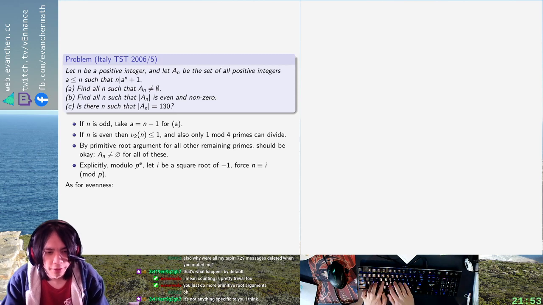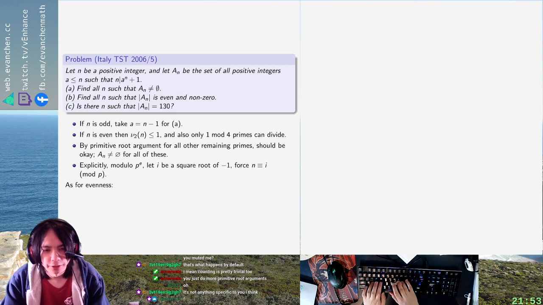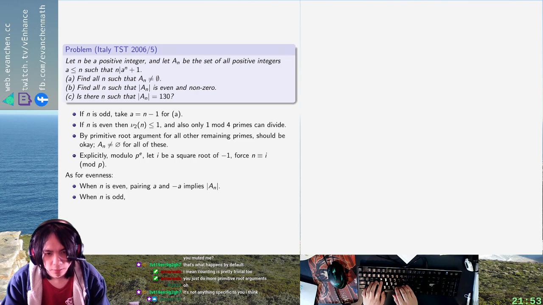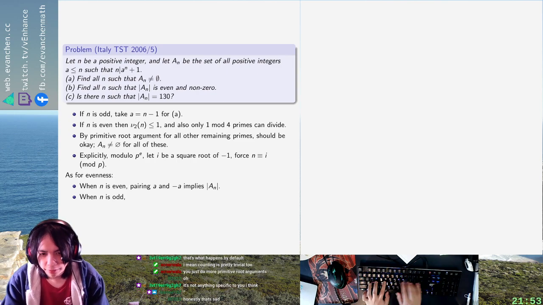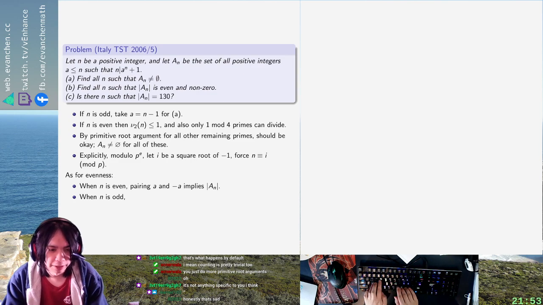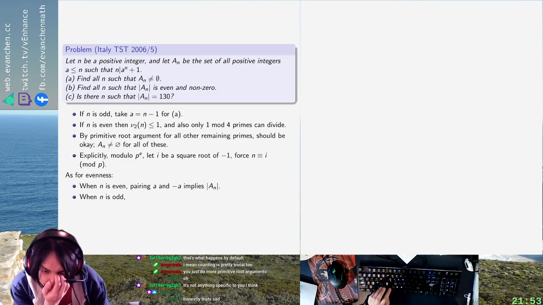When n is odd, the number of solutions to a^n congruent to -1 mod p^e, for odd prime power p^e, is what?